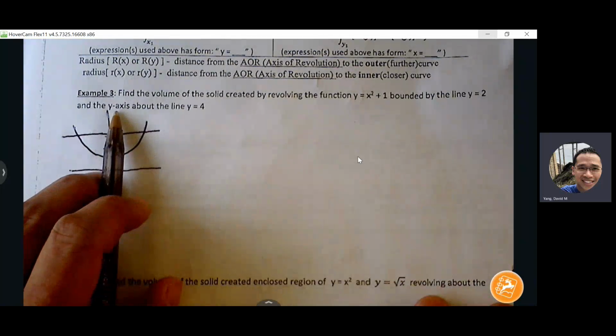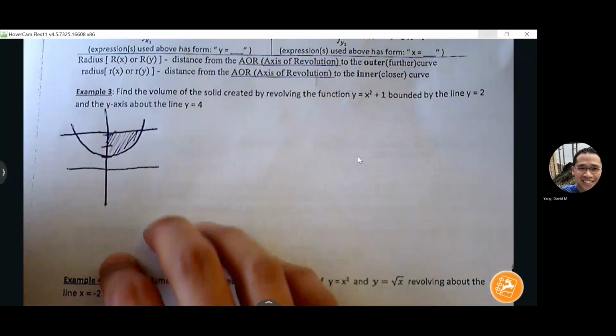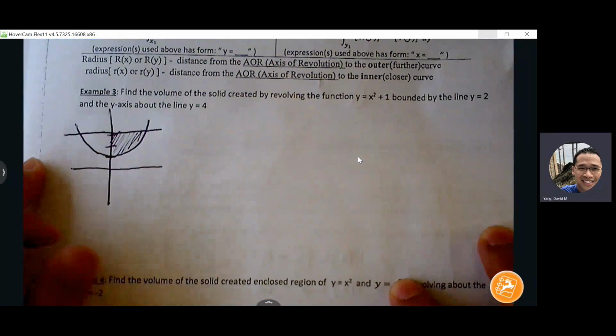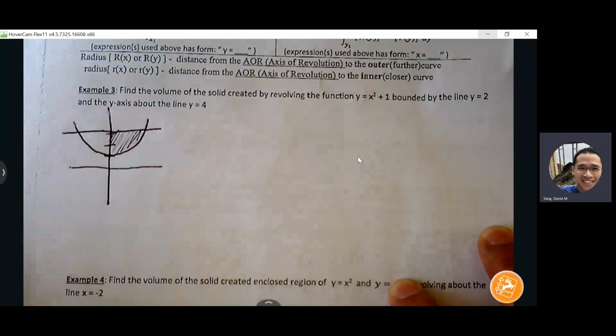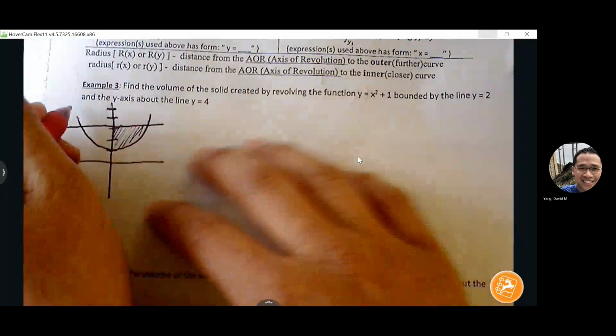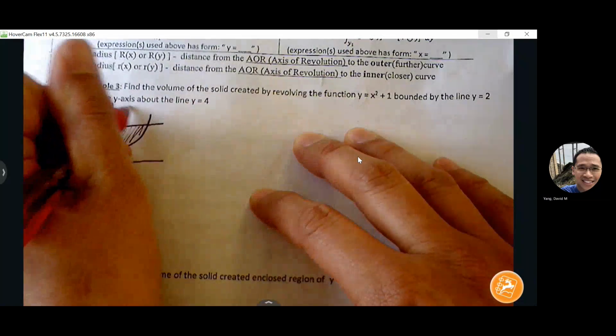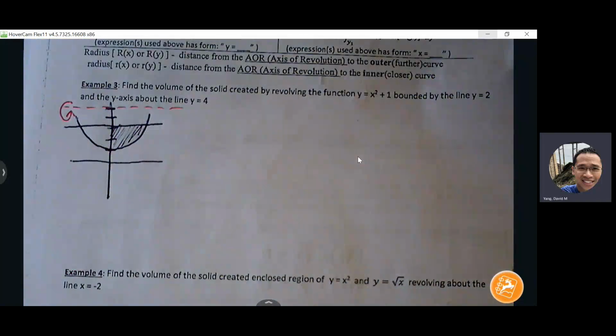Okay, it says and the y-axis, so it's only going to be half. You can choose either region, they're symmetrical, but bounded by the y-axis, bounded by the curve, and bounded by the line. Okay, there we go. Just that region there.